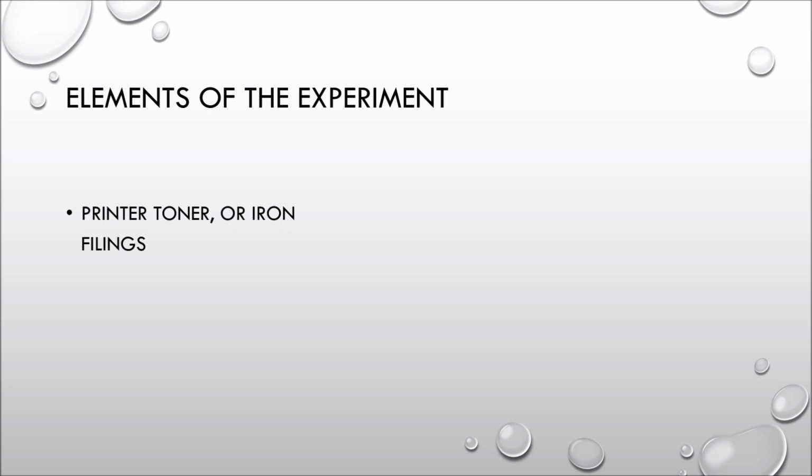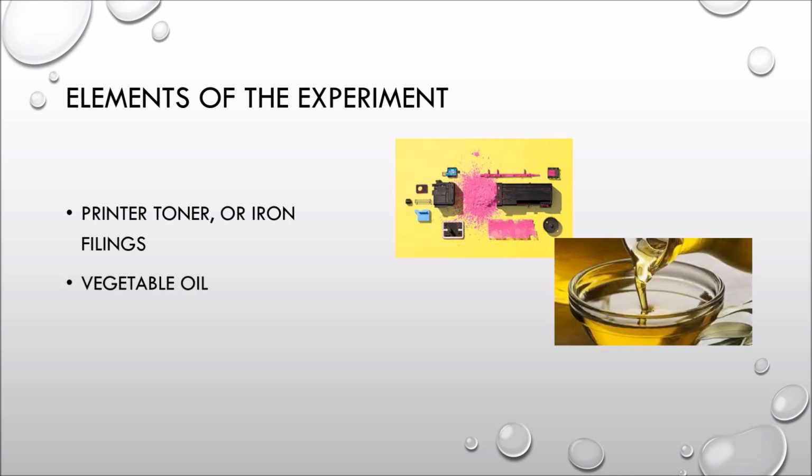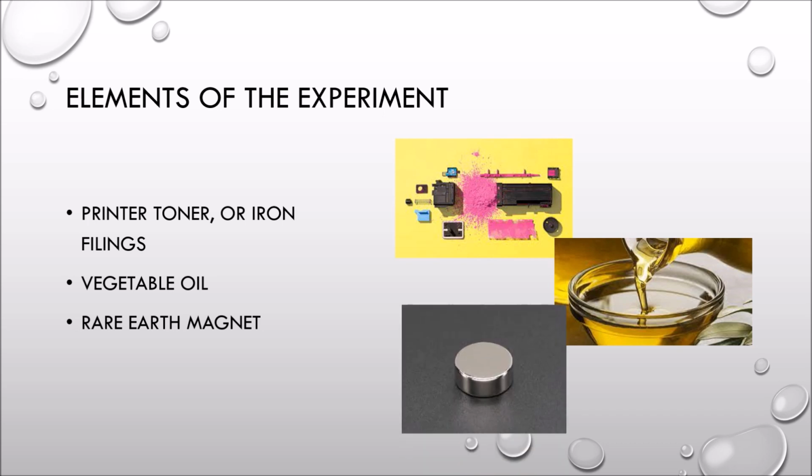Also need some type of jar to put these in, something to stir them with, along with some vegetable oil, and a rare earth magnet. Interestingly enough, toner uses the magnetic properties basically to adhere to the surface of the printer, and then it gets transferred onto the paper.